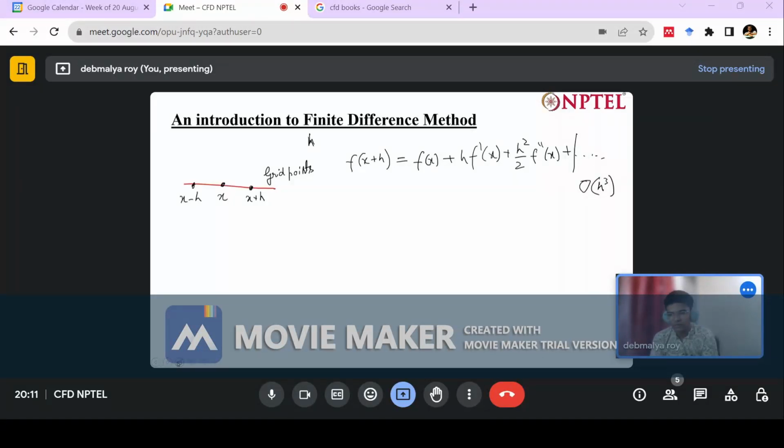Now, in this method, we are not really bothered about finding f of x plus h. We want to actually evaluate the derivatives, f dash x, for example, using this method. So what we will do is try to find f dash x itself, so that we can rearrange this and you will find it.